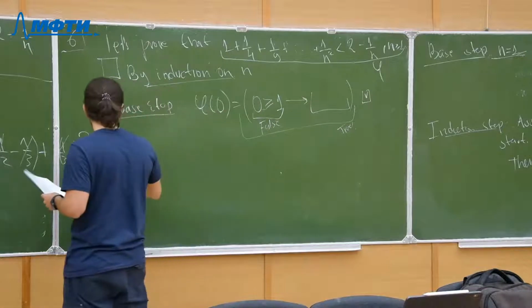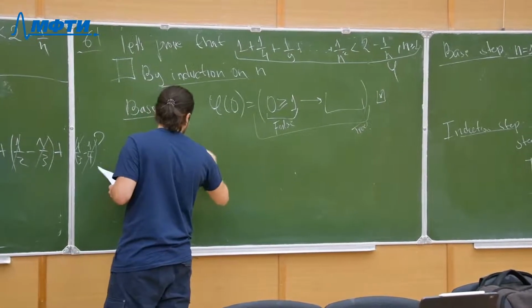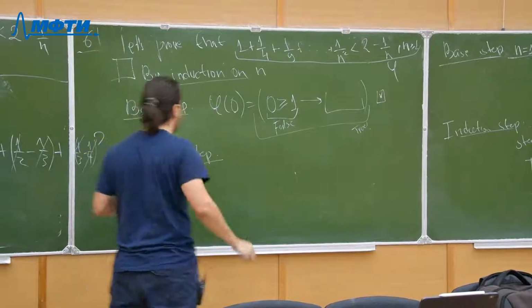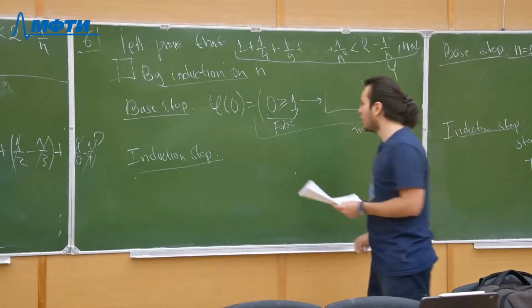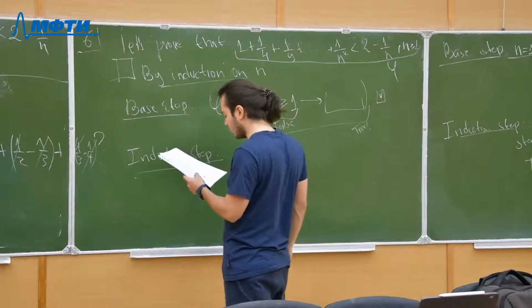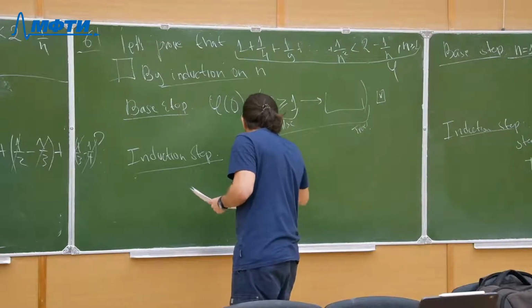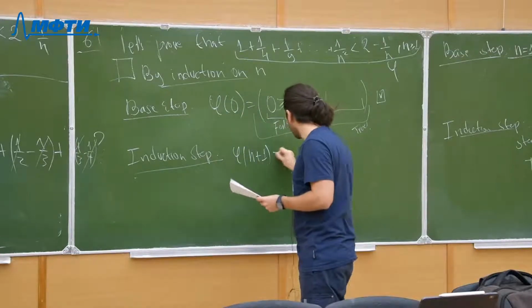And now what about the induction step? We have to show the induction step for 2 cases. I need to show phi of n plus 1, so let me write that to be clear.